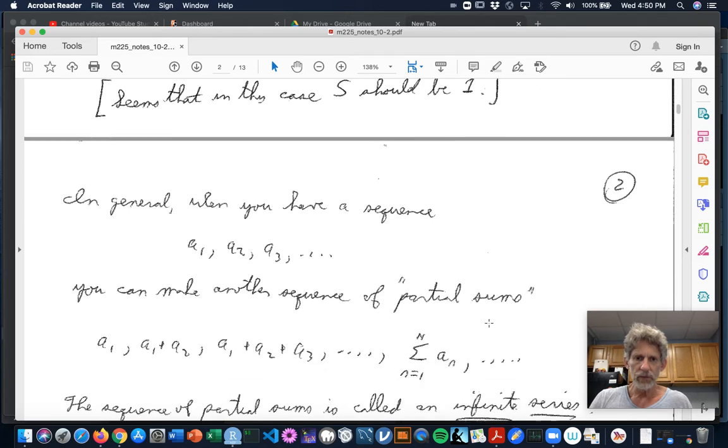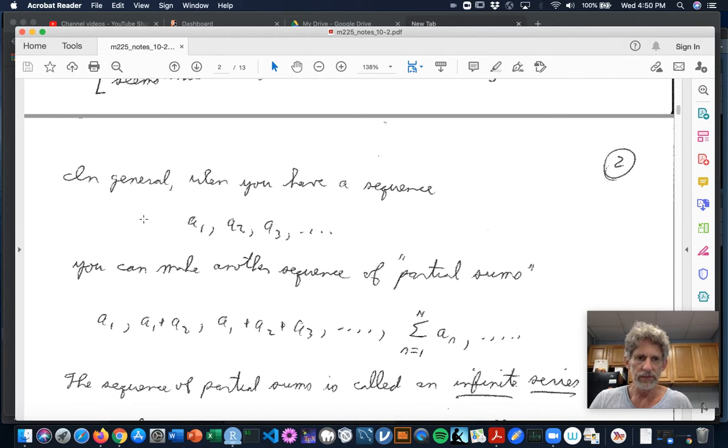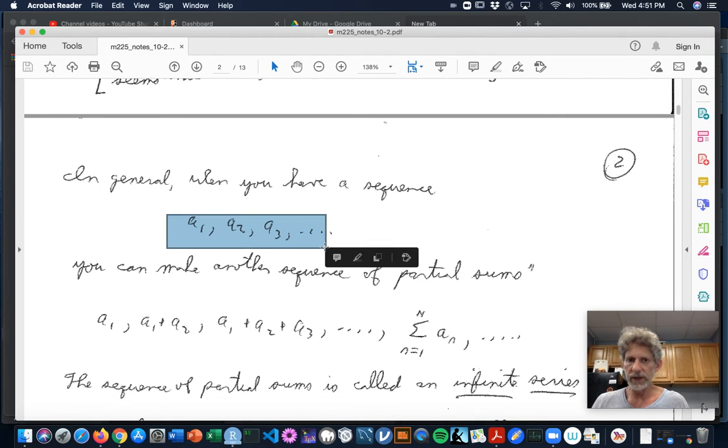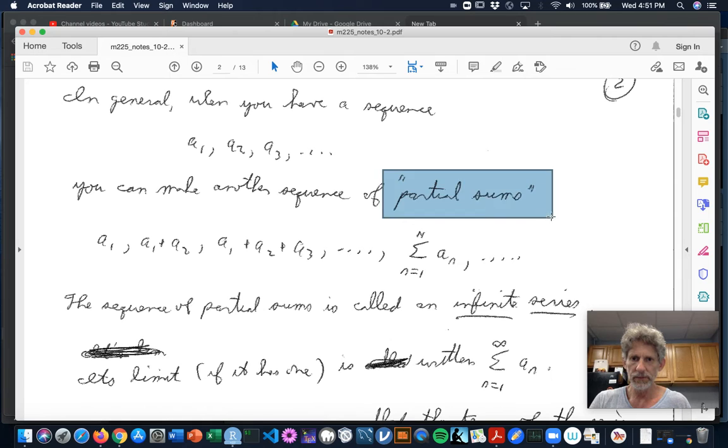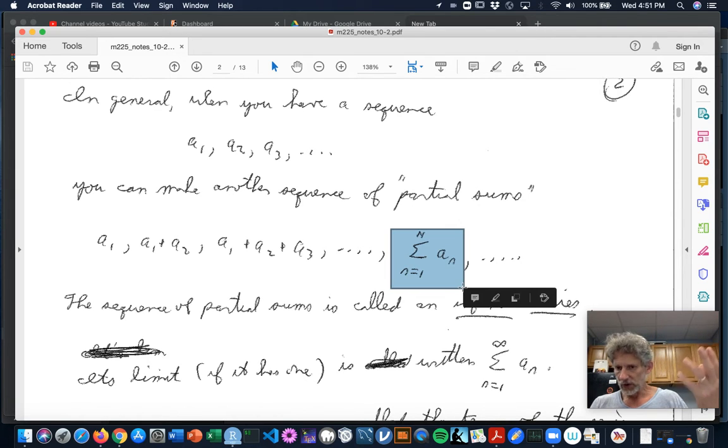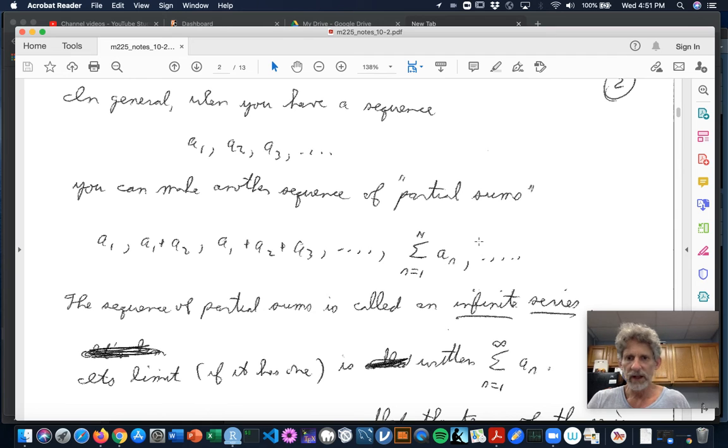So in general, when you have a sequence, a1, a2, a3, and so on, you can form from it another sequence of partial sums, okay? And in general, they will look like this. First partial sum is just the first term. Second partial sum is the sum of the first 2 terms. Then the sum of the first 3 terms. Sum of the first however many terms, capital N terms, and so on.